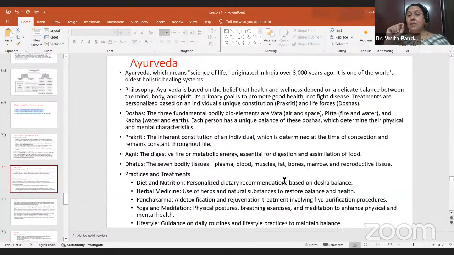At the time of conception, friends, some of you might have heard about the 16 sanskaras which Sanatan philosophy talks about. Indian society talks about 16 sanskaras, and one among those, a very, very important sanskara, is Garbhadharan sanskar.